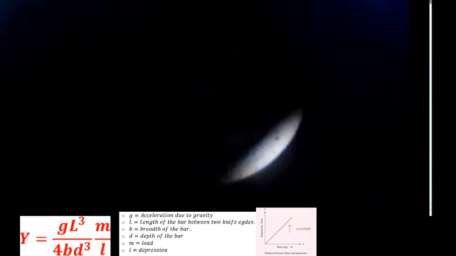But you have to keep in mind that you should give some time for the bar for the depression, because if we place the weight and simultaneously take the reading, then the reading will not be stable. So you should give at least 2 to 3 minutes after hanging the weight, then we will take the reading.